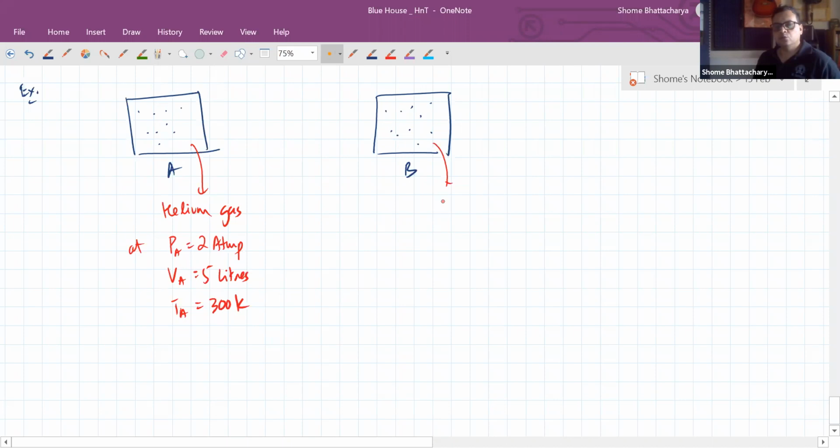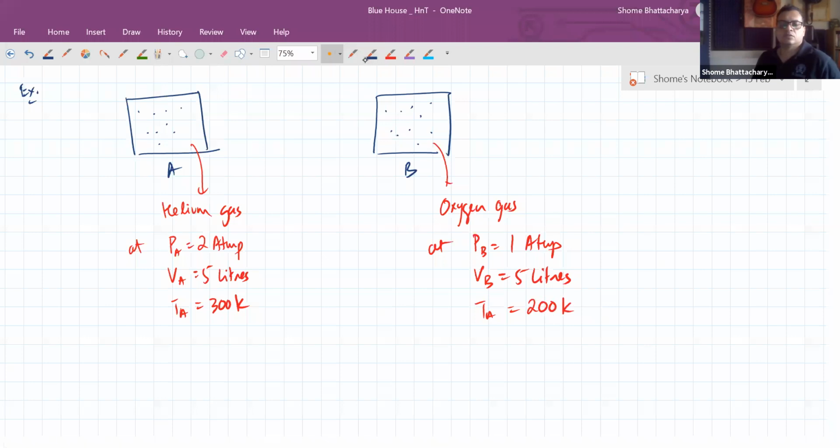Chamber B has oxygen gas at a pressure of 1 atmosphere, volume let's take same 5 liters, and a temperature of 200 Kelvin.